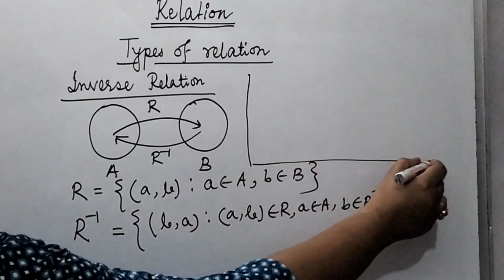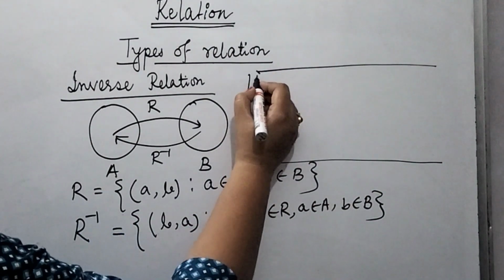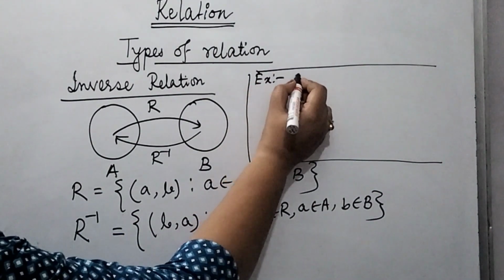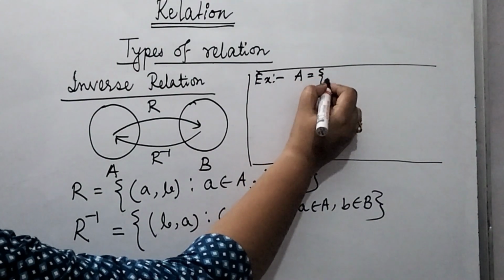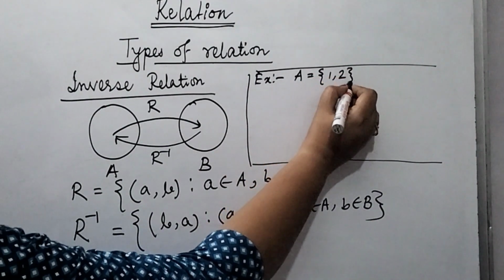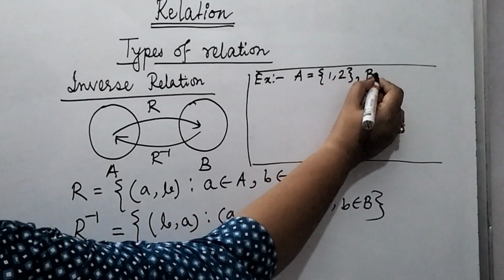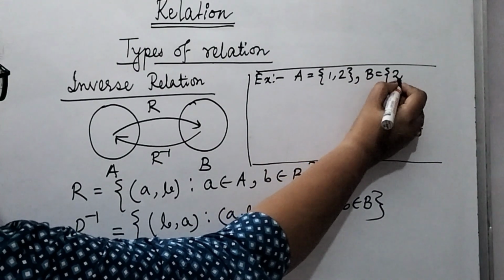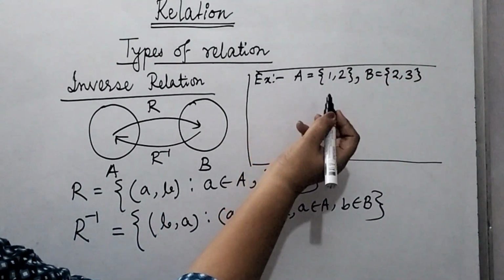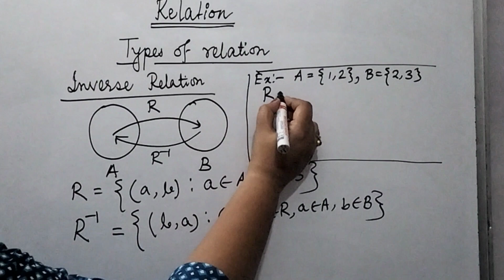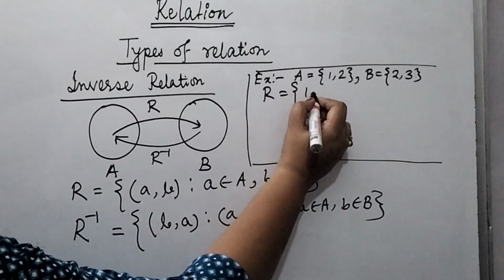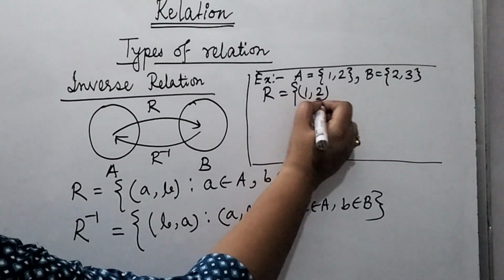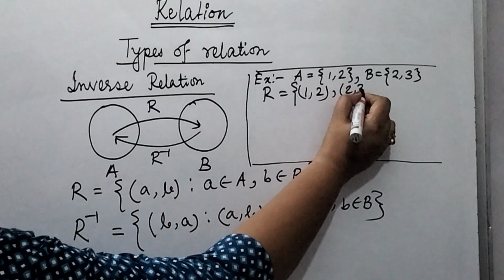Okay, now let's explain this concept with an example. Suppose I am considering a non-empty set A which contains the elements 1, 2, and another non-empty set B contains the elements 2, 3. And suppose I am structuring R as (1, 2) and (2, 3).